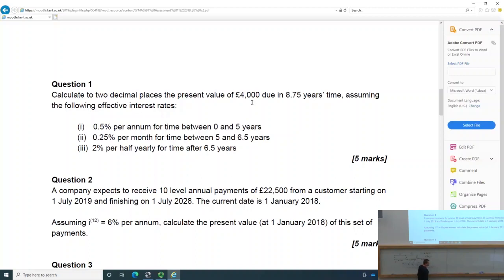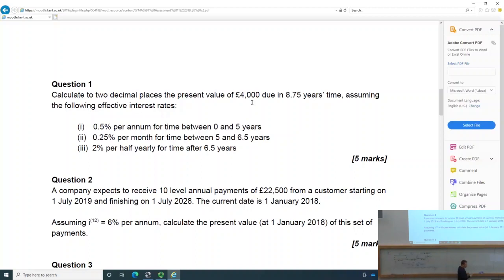So I'll let you do that calculation. I haven't got my calculator with me. 3412, something like that. Okay? Easy start for us.